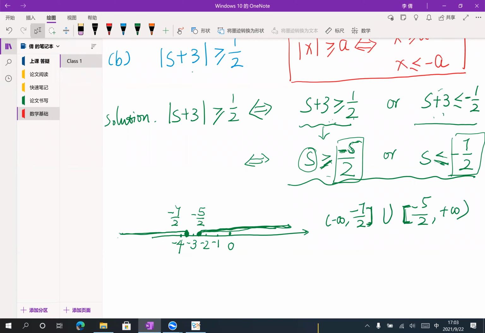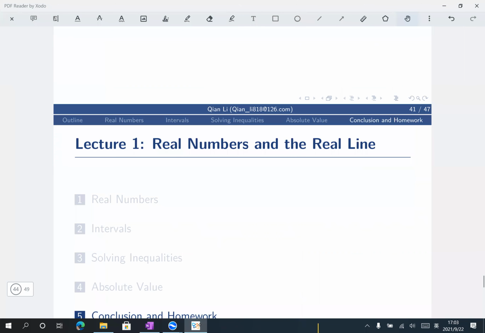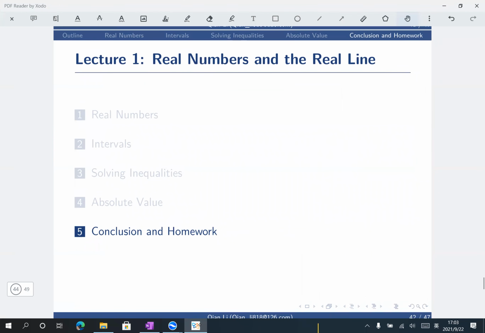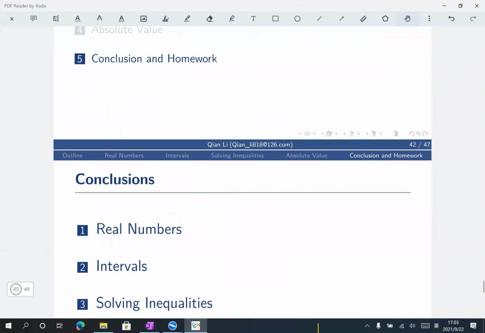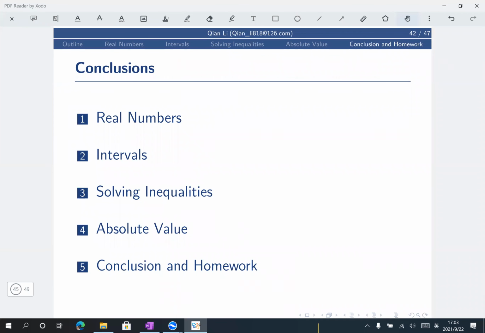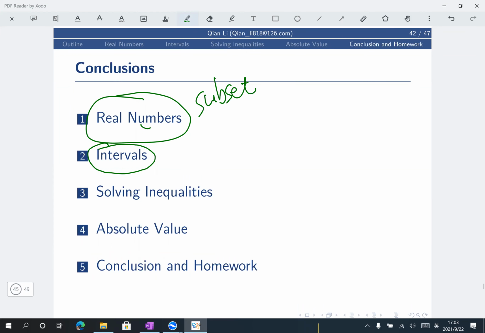Okay, this is the next one for our class, about the real numbers and the real line. We studied the real numbers, some definitions and properties of the real numbers, and then we studied the intervals, also some subsets of the real numbers.